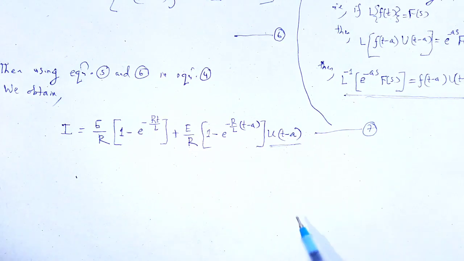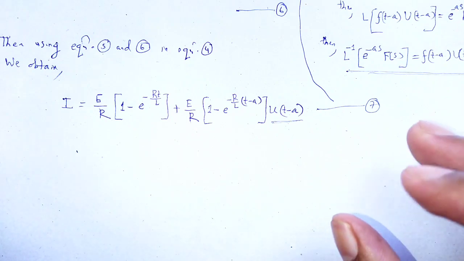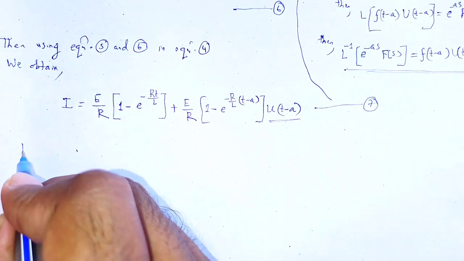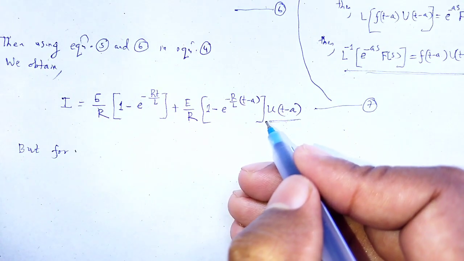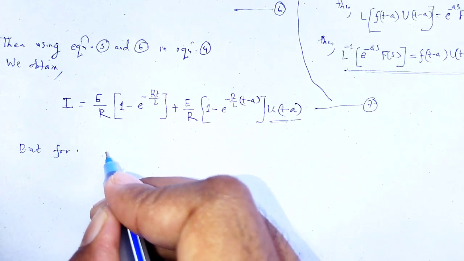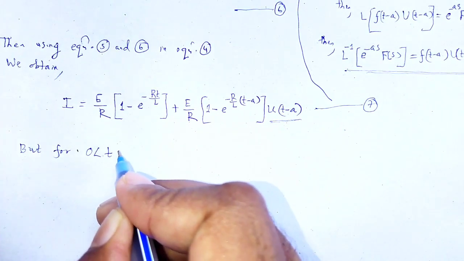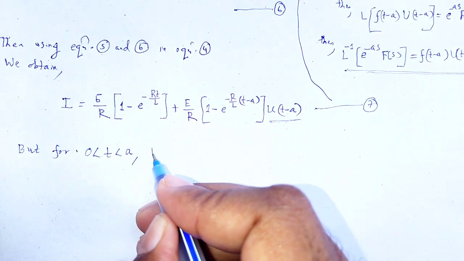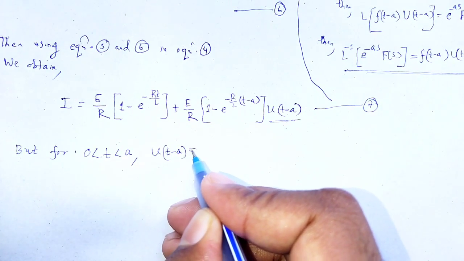Here we use the property of the unit step function. As we know, for the value of t in between 0 to a, the unit step function is equal to 0.